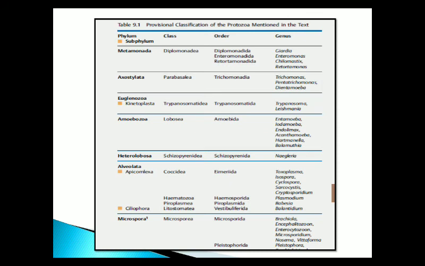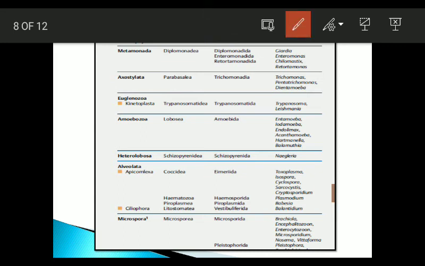Okay, this table represents the classification of different types of protozoa. So I'll discuss some examples such as Euglena, Amoeba, Psilophora, Microspora.